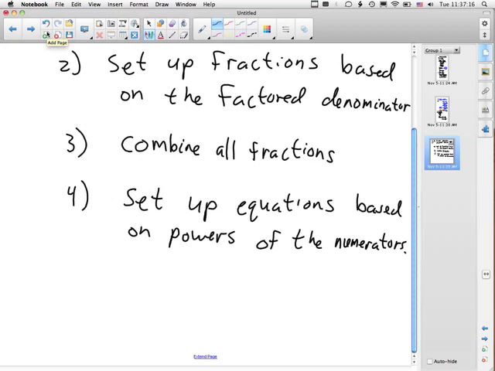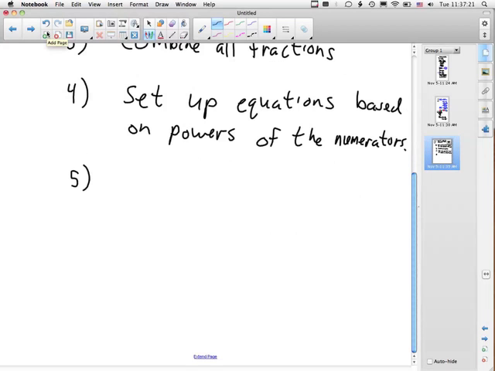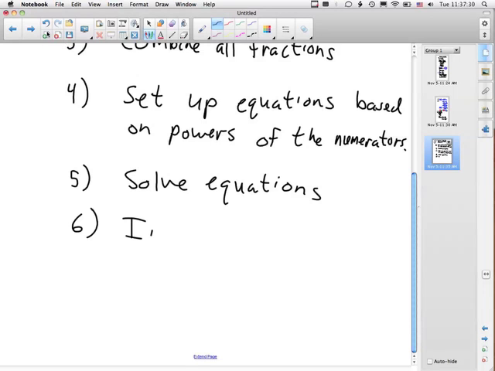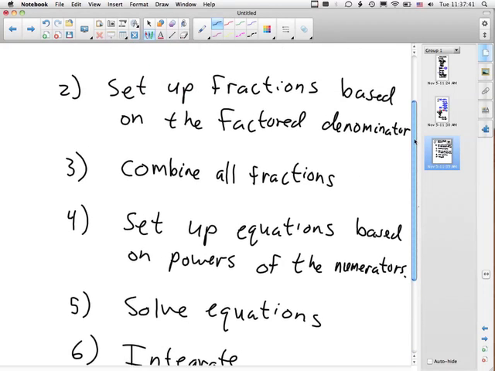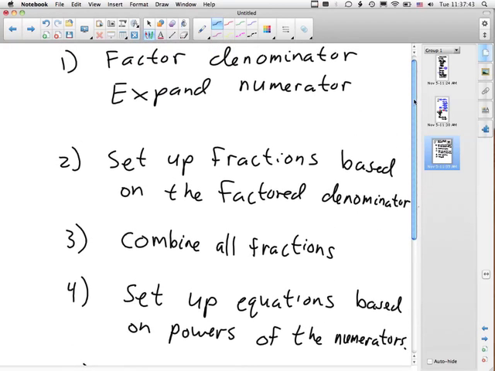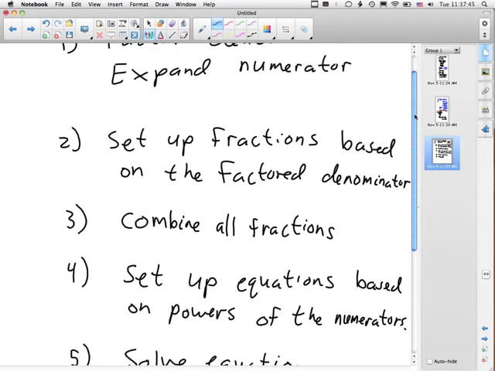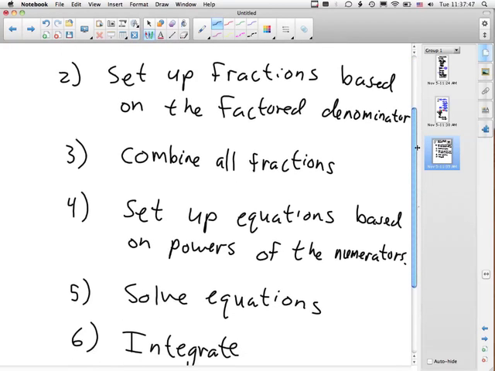And then you're done. Well, I guess we could have a step 5 here. Solve equations. And of course, the whole reason we're doing this is to break it up into multiple fractions so that we can integrate. Okay, so those are the 6 steps. Factor the denominator and expand the numerator, and then the rest.